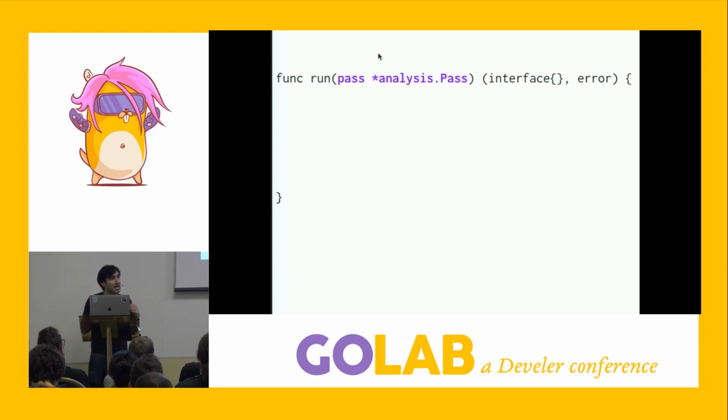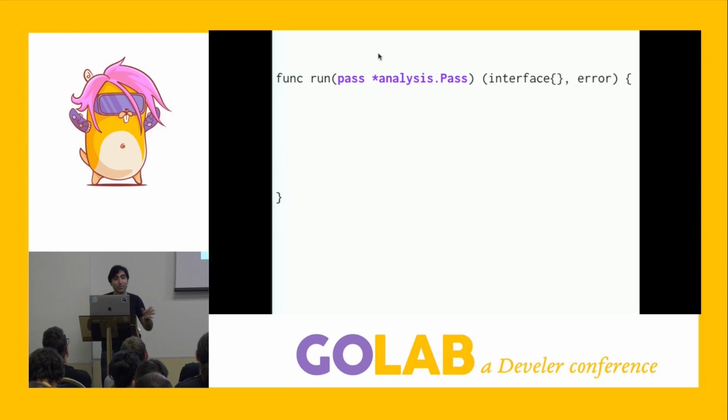Run takes as input an analysis.Pass. The analysis.Pass is our main touch point when we're working with the analysis package. It provides both our input, which is the syntax and the types, and our output, which is the diagnostics.